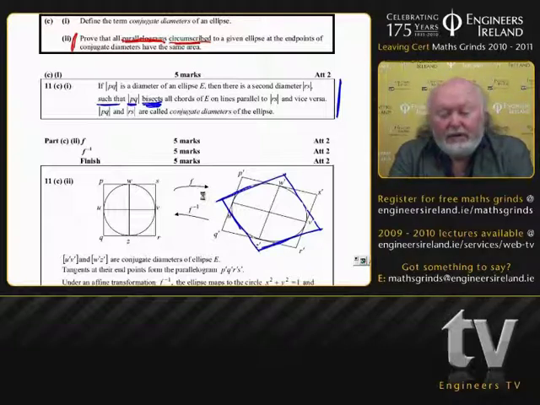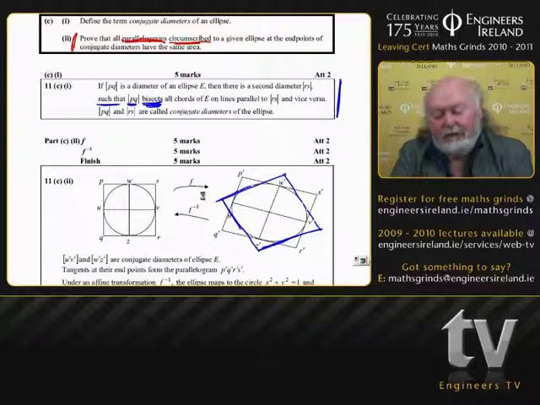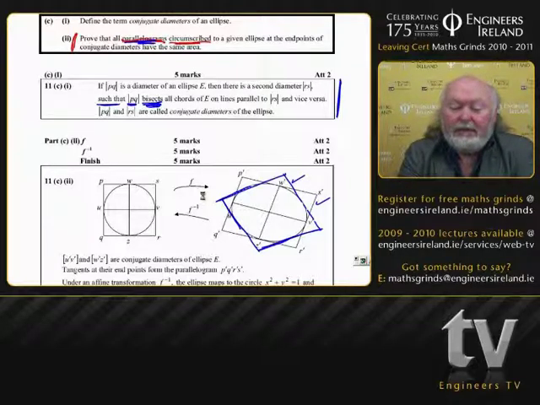There's an infinity of parallelograms rotating around this ellipse here. And what are we asked to prove? That all of them, every last one of these, this one and all the others, circumscribed to a given ellipse at the endpoints of conjugate diameters, that's the important thing about the ones we're talking about, they all have the same area.